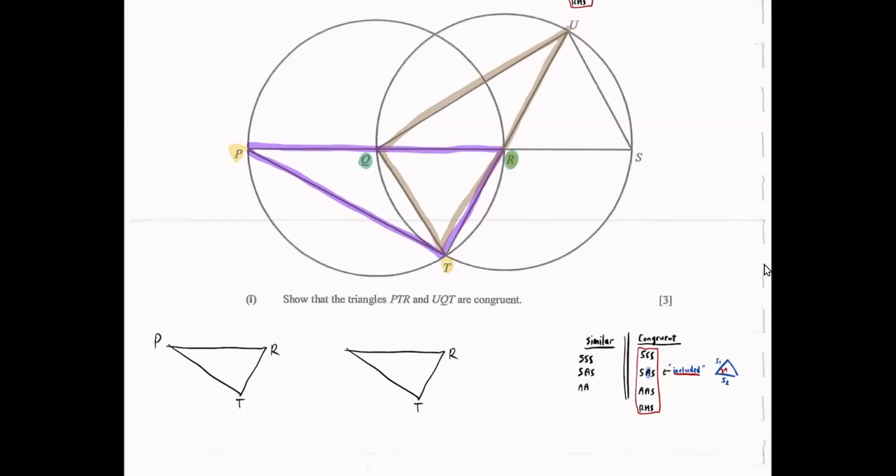So instead of PTR, it's going to be UQT, right? Must be in the same orientation. Then I can tell straight away that PR, this length here, is the diameter. So it's equal to UT because it's also another diameter. So they are equal already. You can just put a tick mark like this. What else? Let's see.